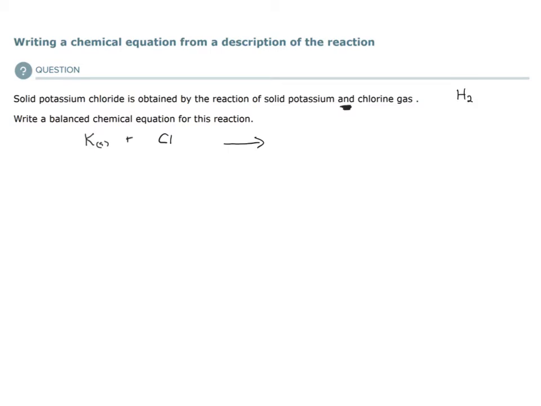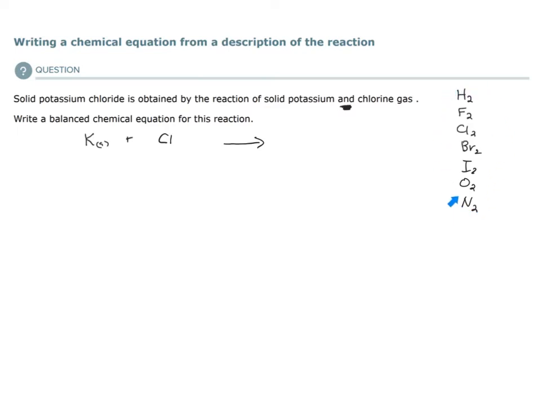Hydrogen, fluorine, chlorine, bromine, iodine, oxygen, and nitrogen. 1, 2, 3, 4, 5, 6, 7. As found in nature, in their naturally occurring most stable state, these elements are diatomic elements.